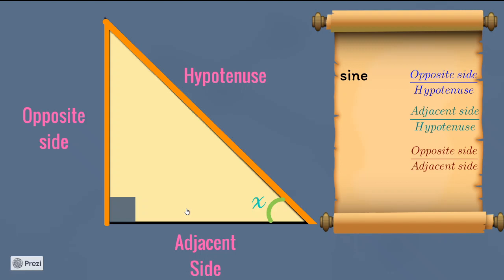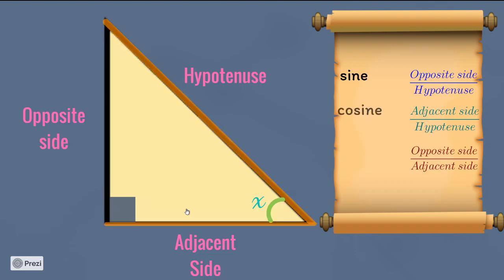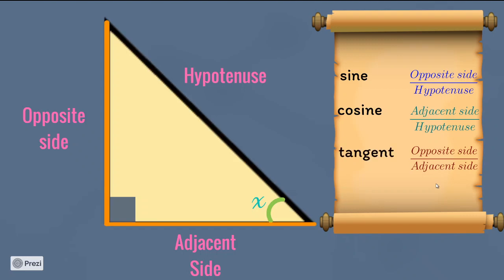In the later classes you will see that you can extend this to circles, but for now, just understand this much. And adjacent side by hypotenuse, that ratio is called cosine. Sine and cosine. And opposite side by adjacent side, that ratio is called tangent.